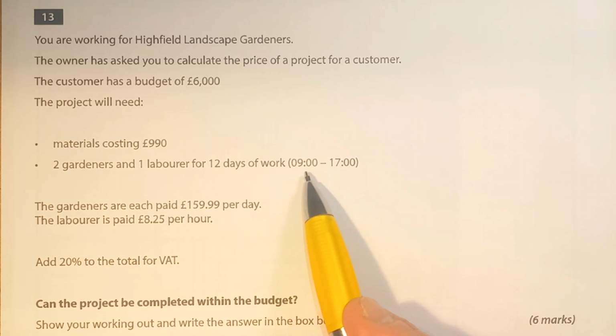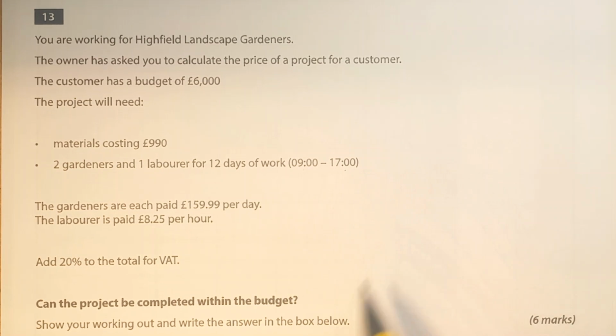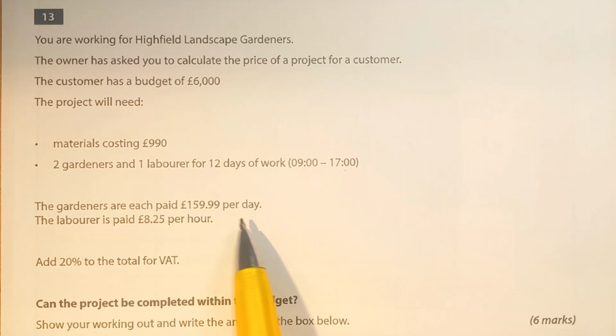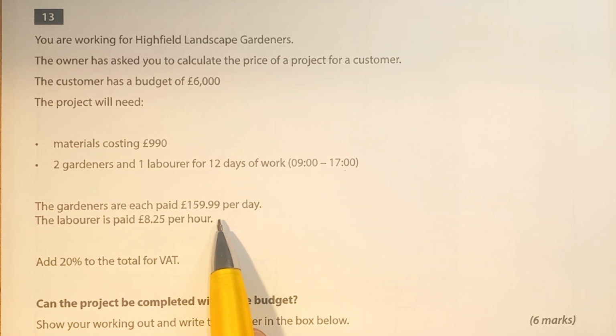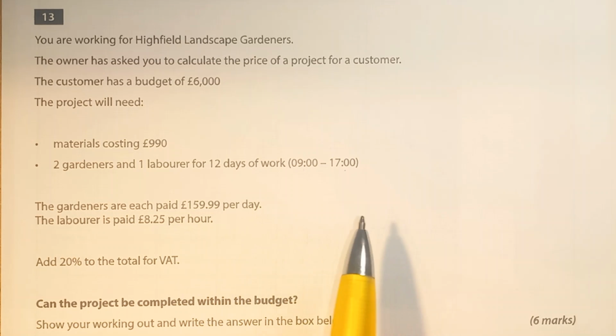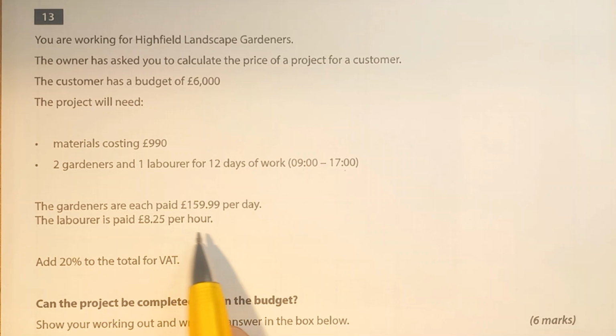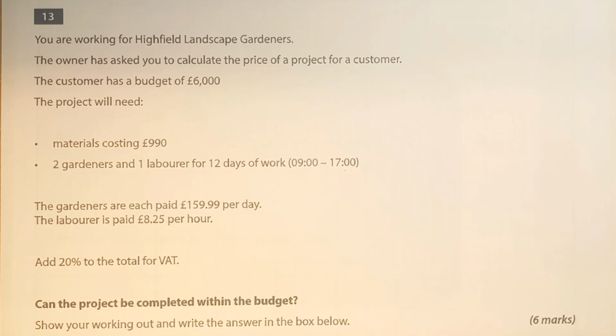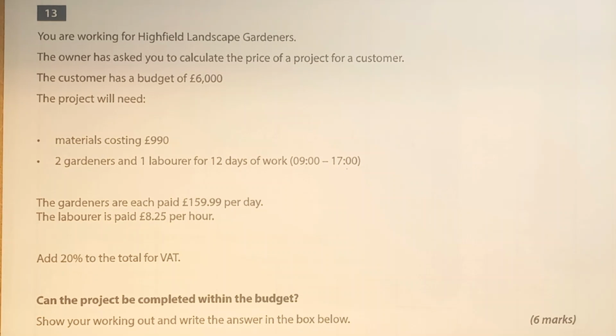And they're telling us that their working days are from 9 to 1700. The gardeners are each paid £159.99 per day. The labourer is paid £8.25p per hour. Add 20% to the total for VAT. Can the project be completed within the budget? Show your working and write the answer in the box below.